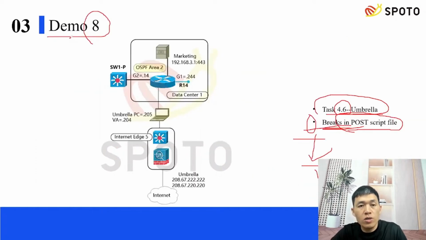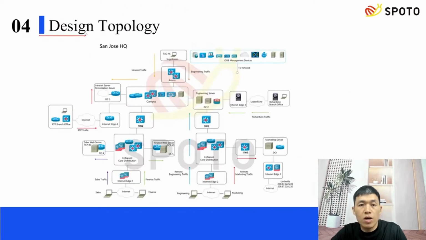And all these 8 demos are about the second module named DOO. After that, we will take a look at the first module, design. And this is about design topology.